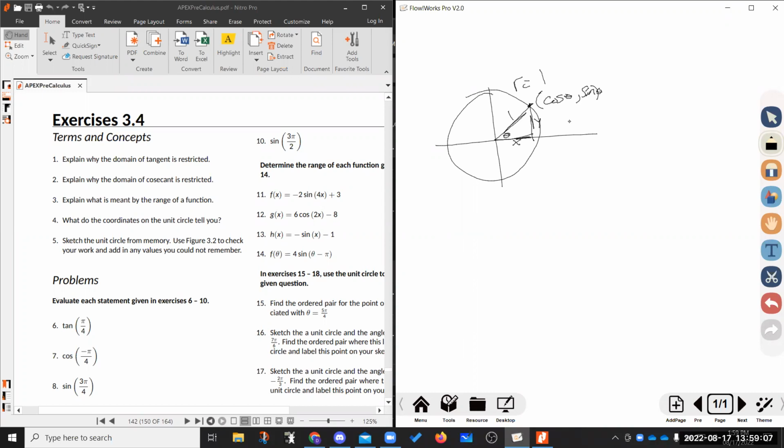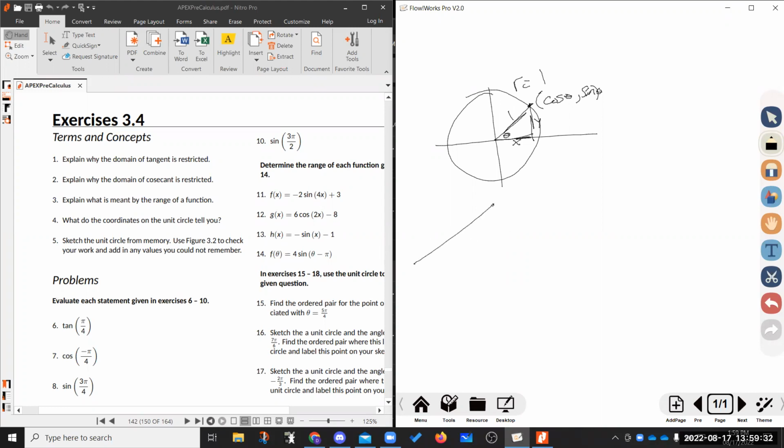Take a look at that and see that cosine is x over 1, so x is cosine. Sine is y over 1, so y would be sine. So we can read the unit circle and we can get cosine and sine values. That helps us to get tangent values, cotangent values, secant values, cosecant values as well.